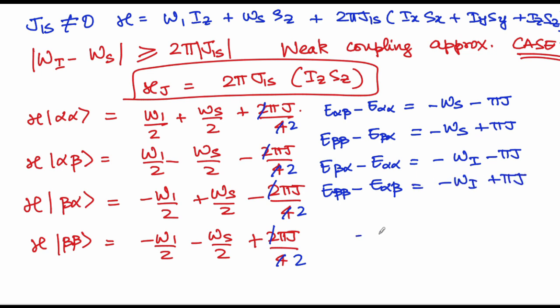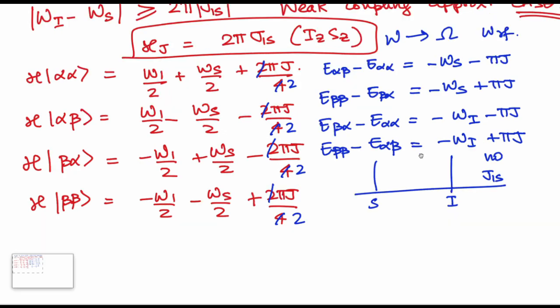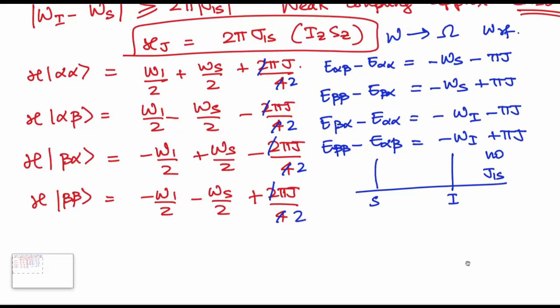So let me redraw the spectrum that you had gotten earlier. Remember, we are going from small omega to capital omega, assuming we go into the rotating frame. And previously we saw the spectrum that looked like this, where there is no J_IS. In this case, let's try to draw the same thing.